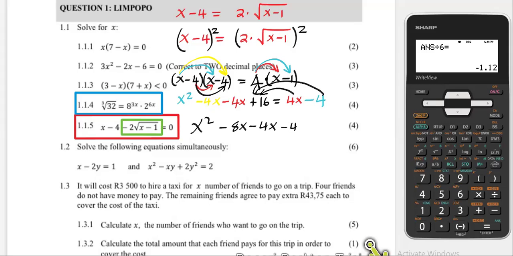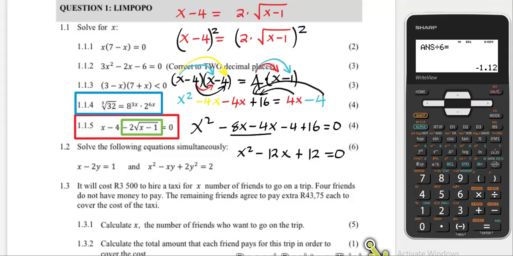Remember, there is a plus 16. It doesn't matter whether you put the plus 16 first. Then everything equals 0. Then we simplify. Now I've got x squared, minus, this together is a negative 12x, and then plus 12. You can use a calculator.